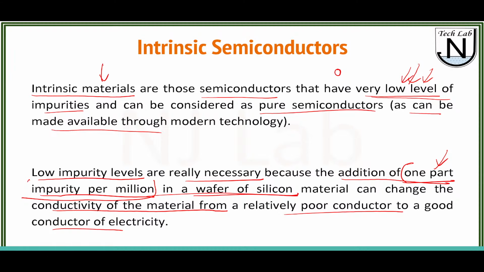But if initially the semiconductor material is pure, and thereafter we add the impurity in a controlled fashion, then we can control the conductivity as per our requirement. So that is the reason we need to start with pure semiconductor material, a pure semiconductor wafer, right? A wafer means a complete silicon crystal plate.